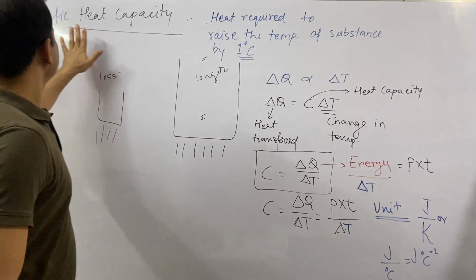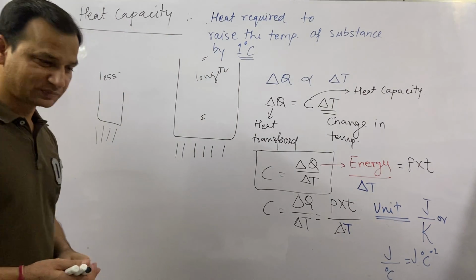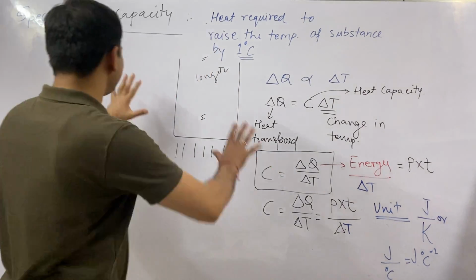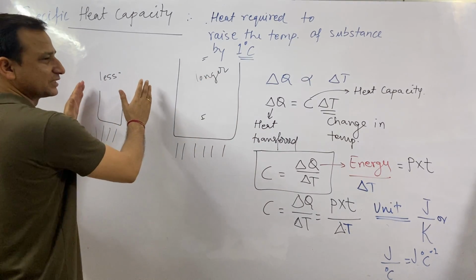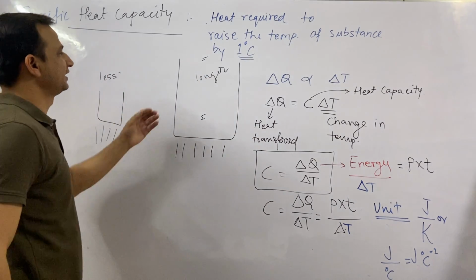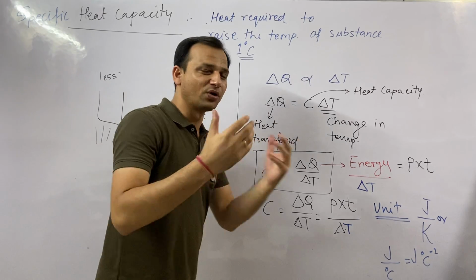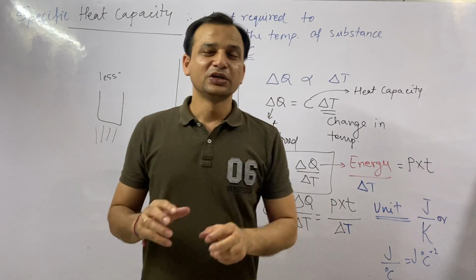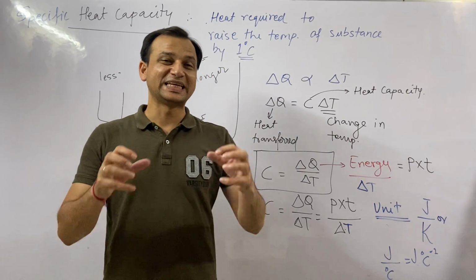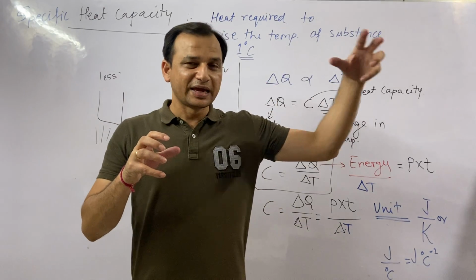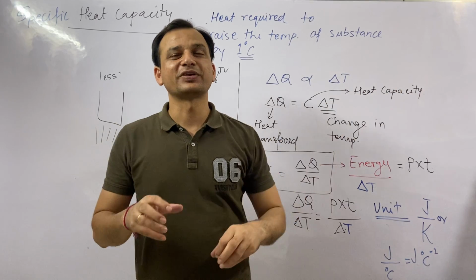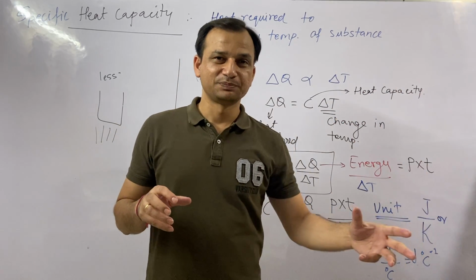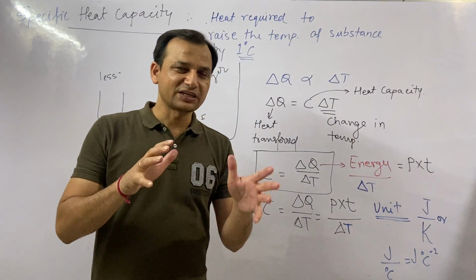Now, what is specific heat capacity? The problem with this method, where less heat is required when the substance is less and more heat is required to raise the temperature when the substance is more, is that you cannot do the comparison between the heat absorbed by two different substances. Or let me make it clear.